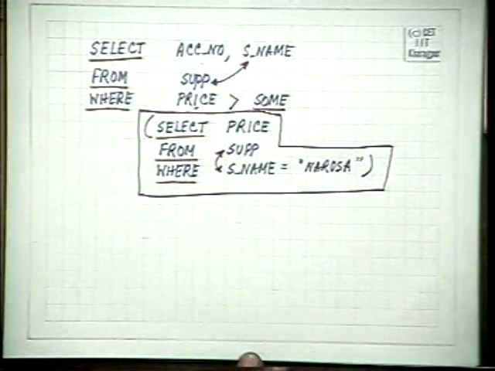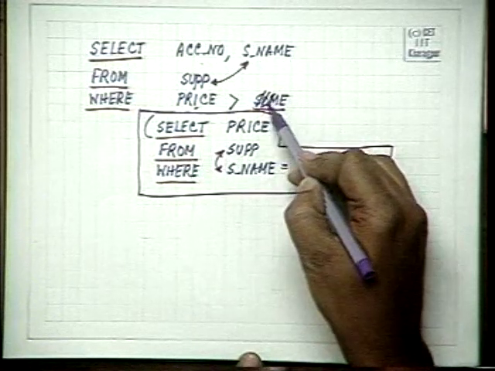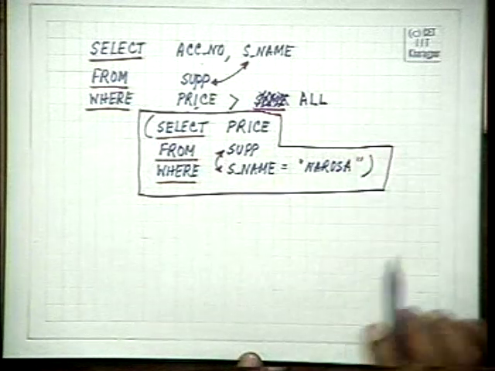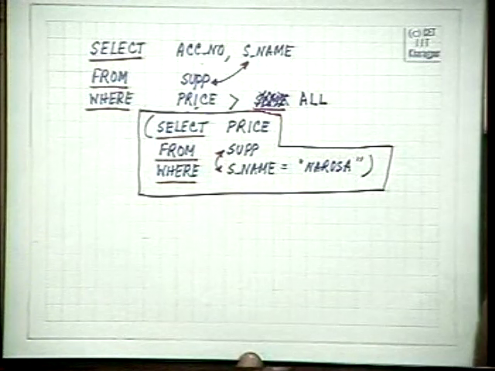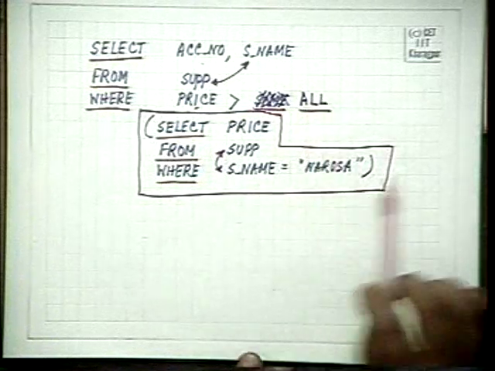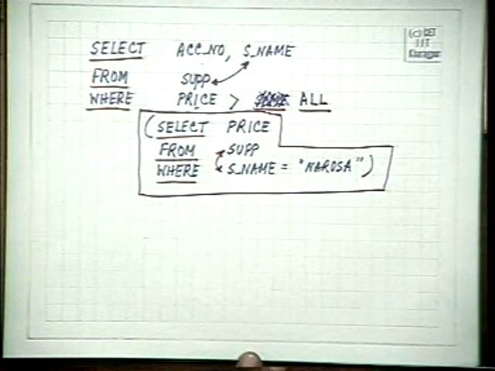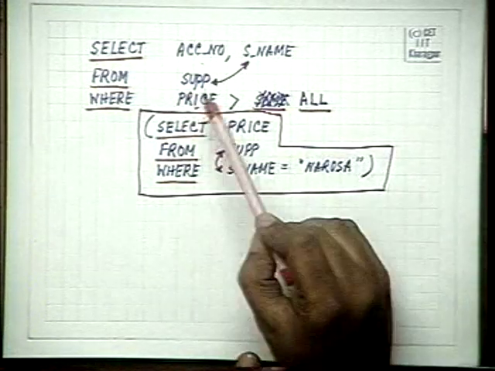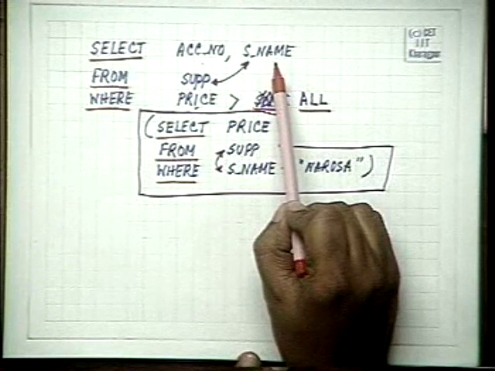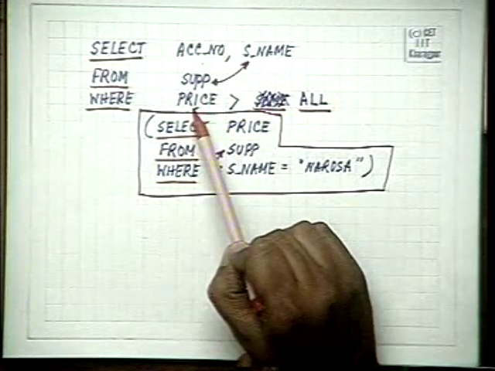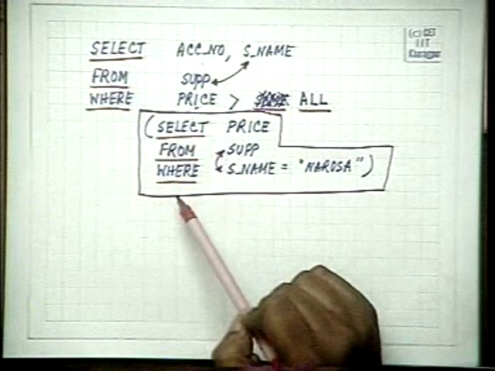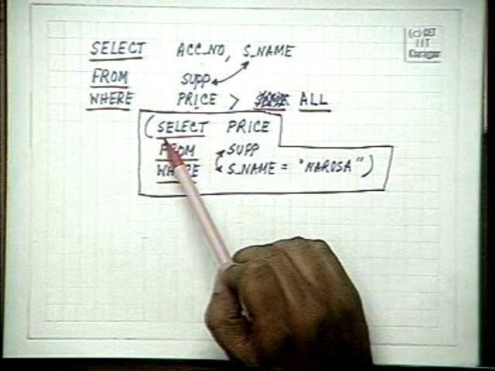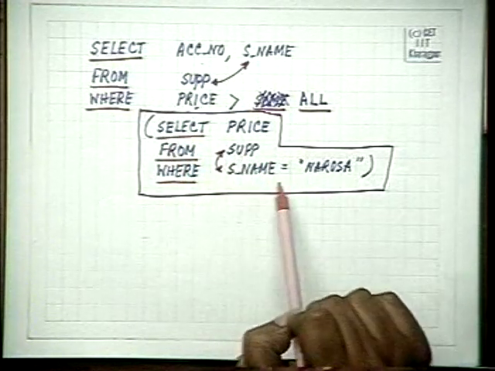And more interestingly, we may replace this some by all. If we replace some by all, then we have: select accession number and S name from sub such that the price is greater than all of select price from sub where S name is equal to Narosa.